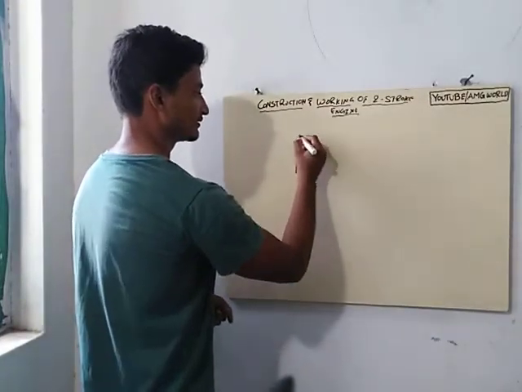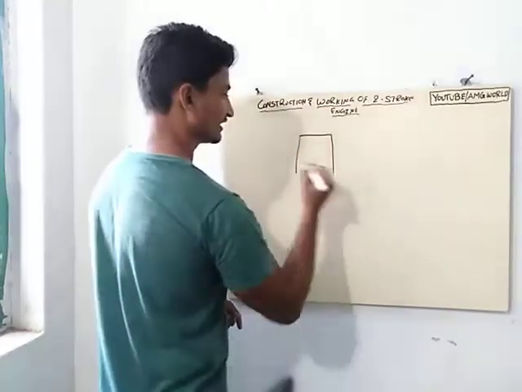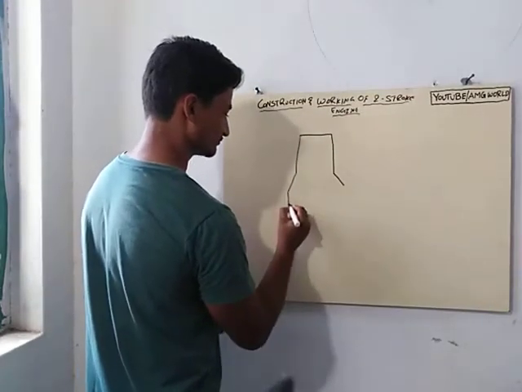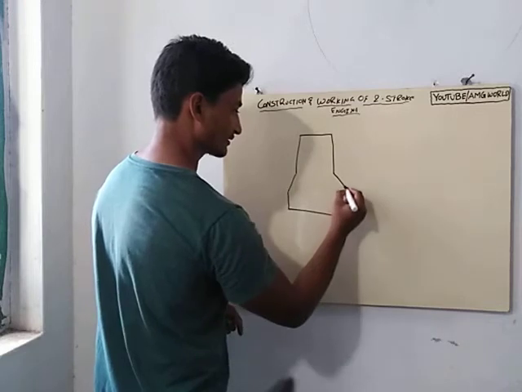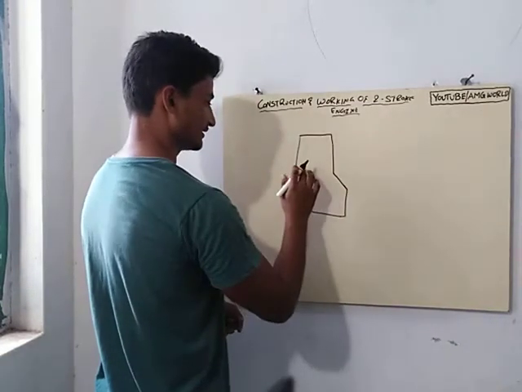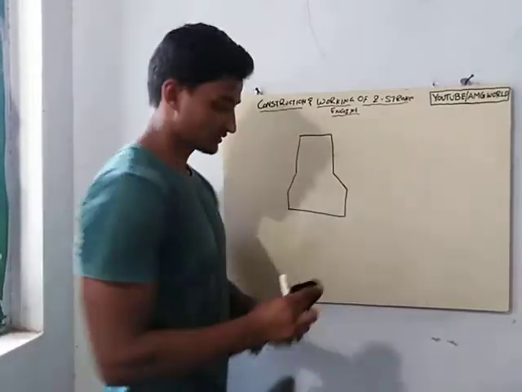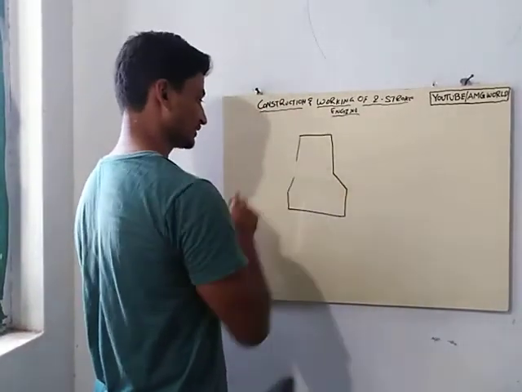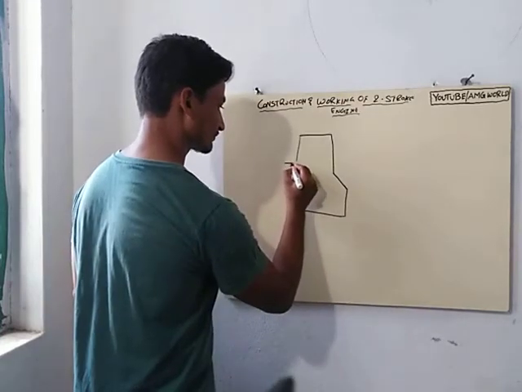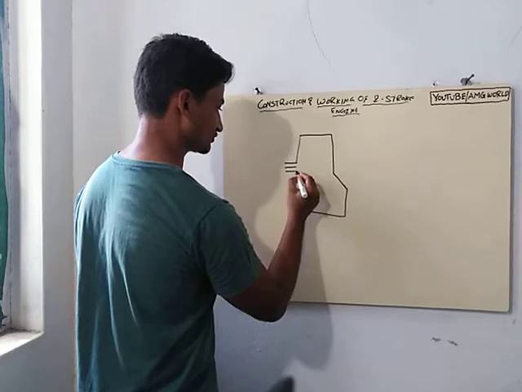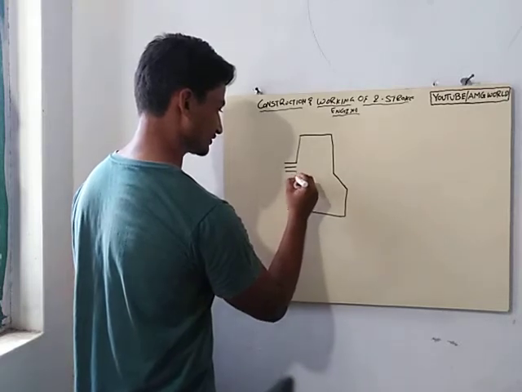If I take this one as the engine cylinder and this one as the crankcase, here I have 2 ports. Here is the first port, and here comes the second port.